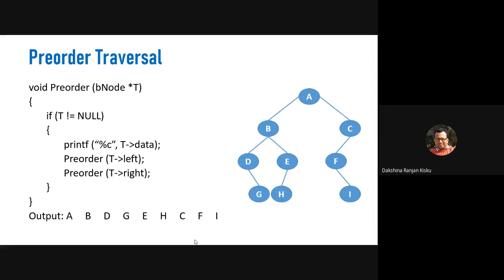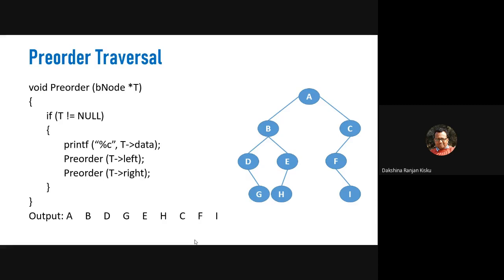D is the root node of the subtree in which the left subtree of D is found to be empty. As the pre-order traversal says that first we will be visiting the root node, therefore D will be visited first. If there is any left subtree, then the left subtree would be visited.